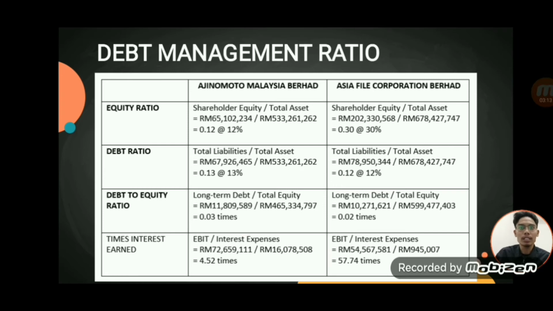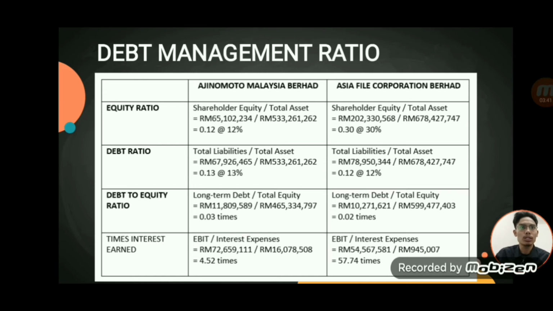This is because the debt ratio shows how risky it is for a debt financing provider to lend a loan to a company. So if Ajinomoto Berhad has a lower ratio, it means the company is less risky than Asia File Corporation Berhad, which has a higher ratio. For the debt to equity ratio, Asia File Corporation Berhad has a lower ratio, which means the company has a better debt to equity ratio compared to Ajinomoto Berhad.